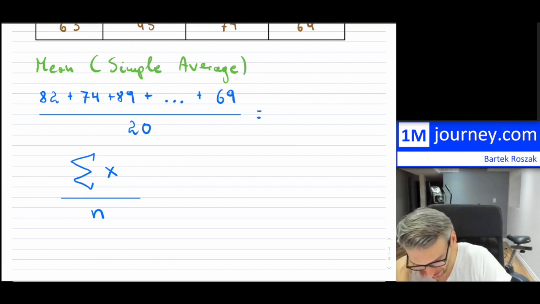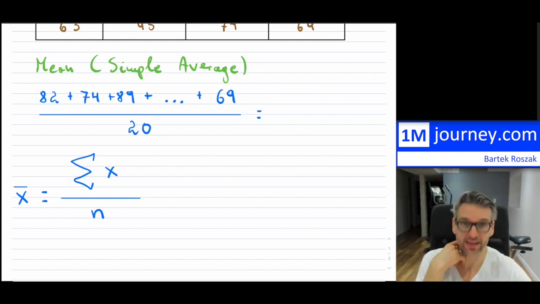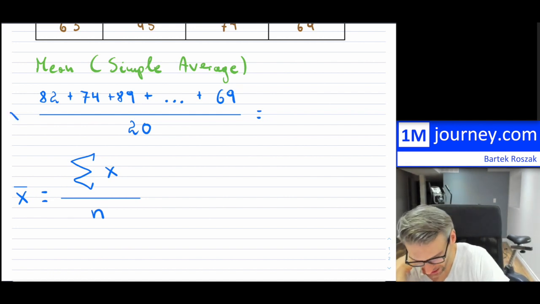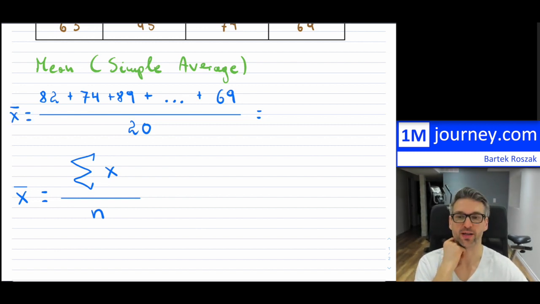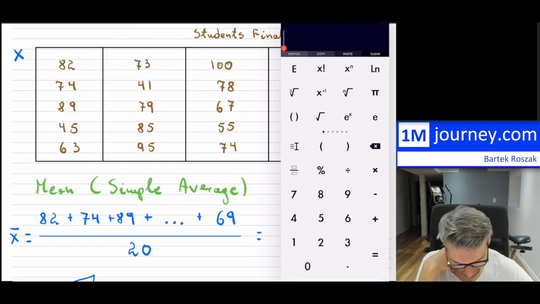But the simple mean is typically designated with an X and then a line over it in statistics. So our mean here, X bar, as it's sometimes called, is equal to this. Let me add all of these up, and we're going to get the answer. I'll do that in speed up motion here.